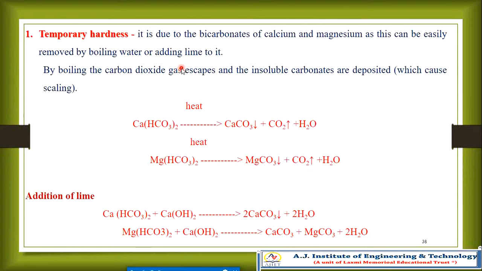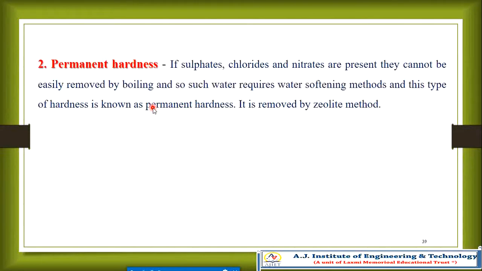Okay, now if we move further, we have another hardness, that is permanent hardness.